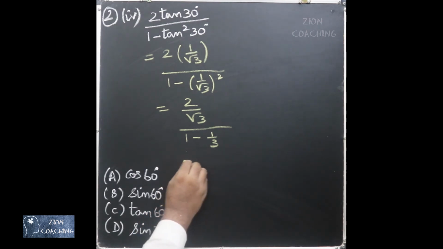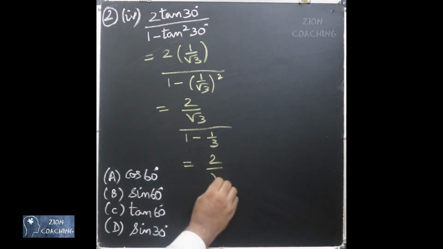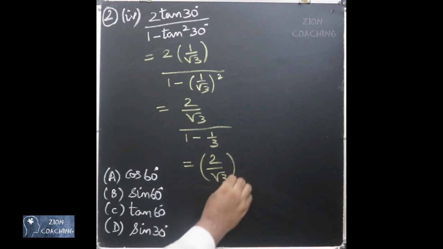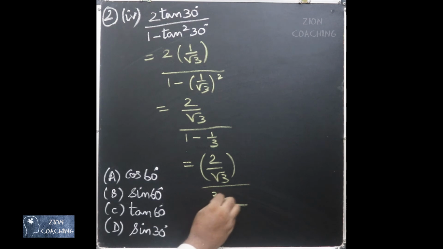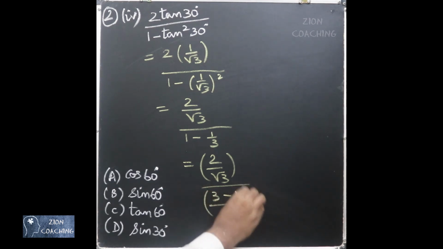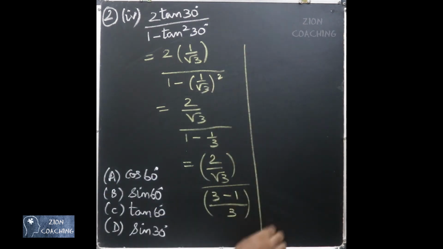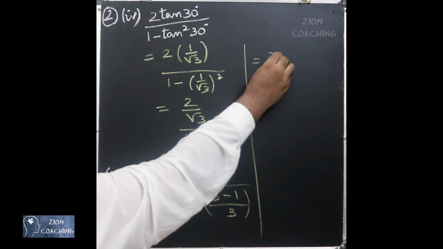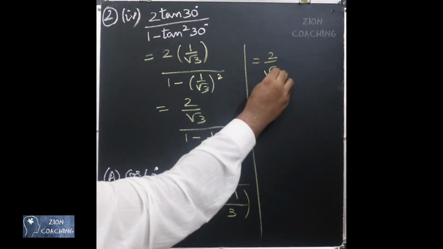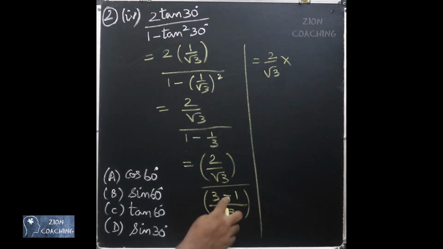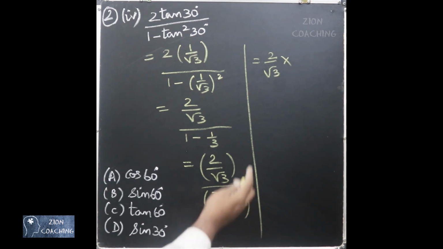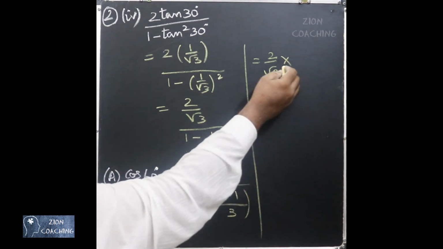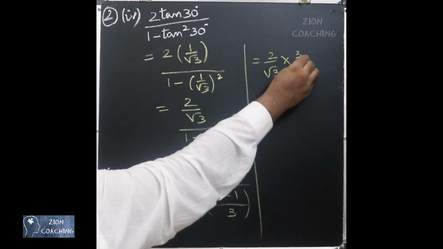Now taking LCM in the denominator we will have 2 by root 3 in the numerator. In the denominator 3 is the LCM. So we are going to have 3 minus 1 by 3 which is 2 by 3. I am going to take this to the numerator. When you take it to the numerator it will become upside down, that is you will have 3 by 2.